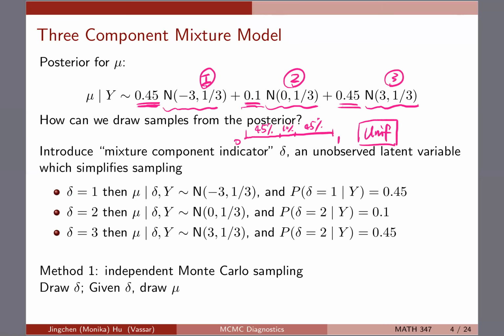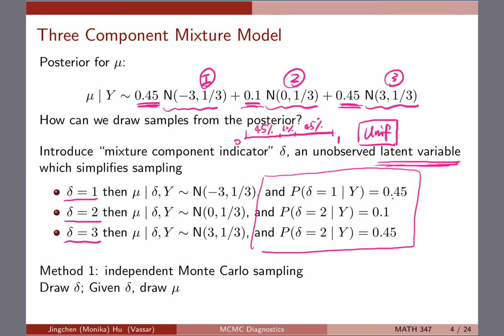Okay? So you can think of this as a latent variable idea, that if you introduce a delta equal to 1, 2, 3, indicating which component you're choosing from, then you're pretty much doing a 2-step thing, right? The first step is deciding which one you're doing. And then the second step is conditional, because now I know which component it should come from.